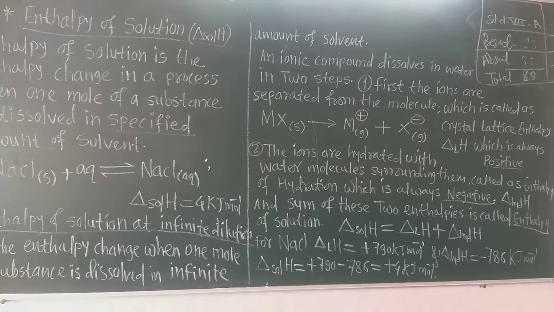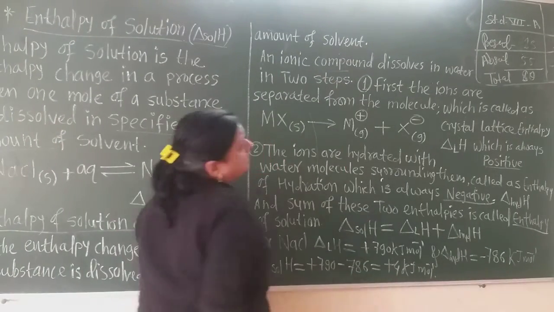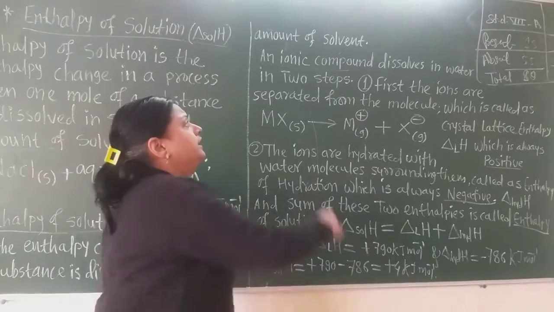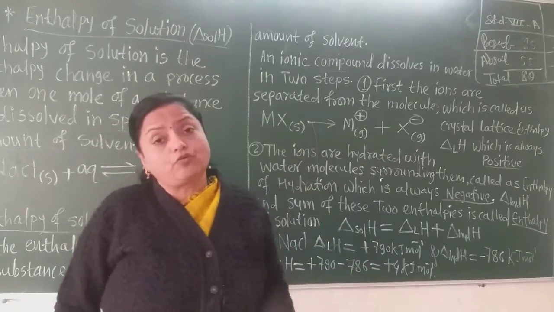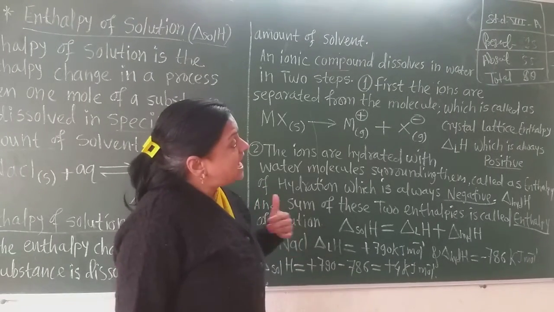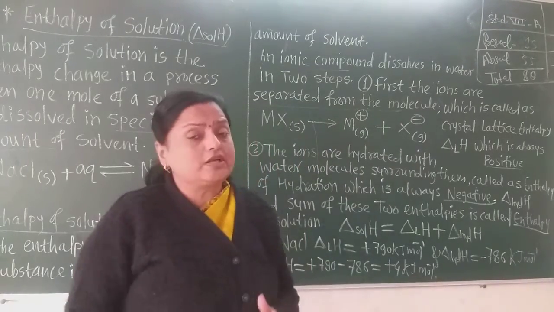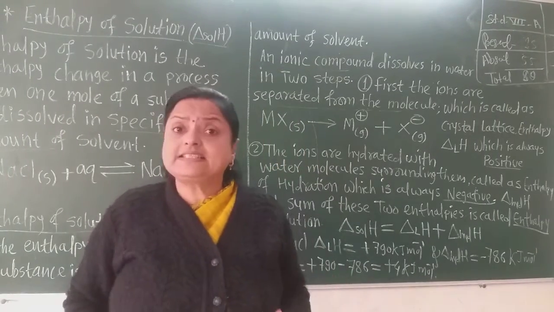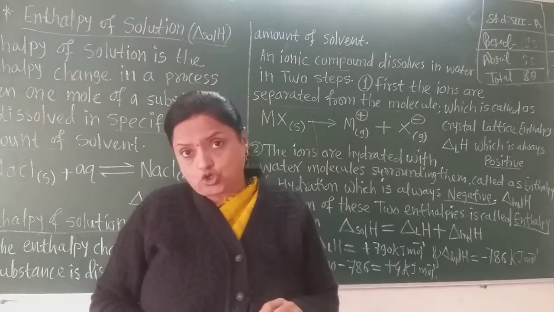Now see here, an ionic compound dissolves in water in 2 steps. Generally, ionic compounds are dissolved in water in 2 steps. The first is that the ions are separated from the molecule, because ionic compounds are always in crystal form made of the ions of that compound.